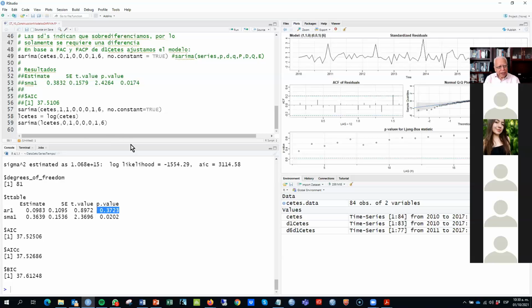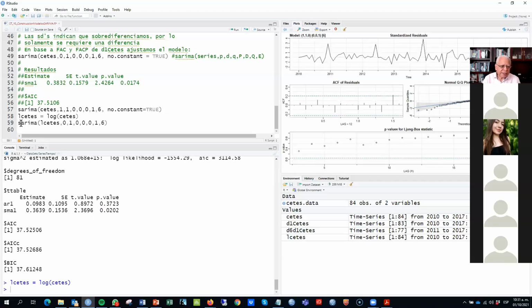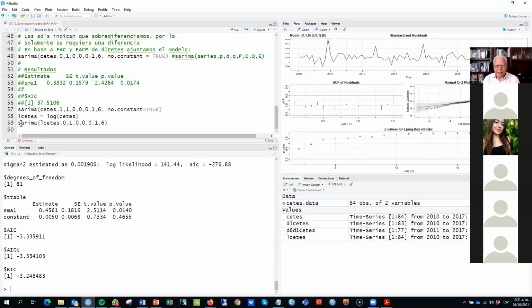If I had started saying, well, what if I have an autoregressive term, and I fit this model, it will turn out that this coefficient is not significant. So I don't need this coefficient. The right model is this one, and it also works with the log of the series. It's the same model, and it gives me reasonable diagnostics.